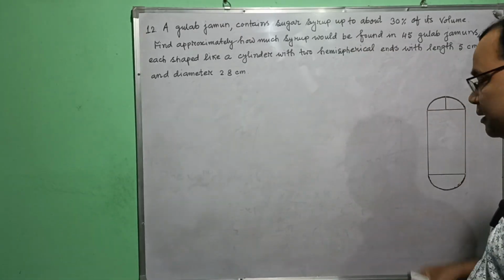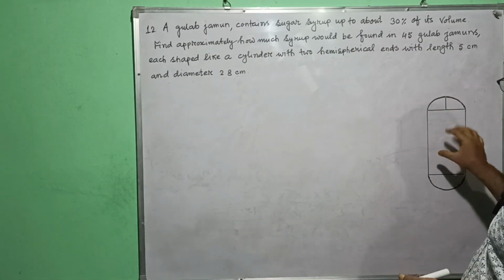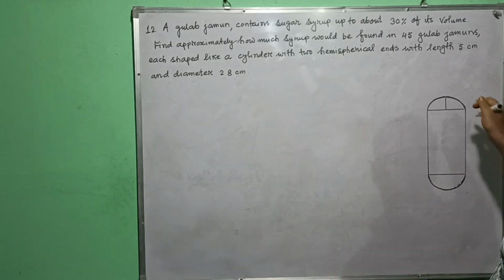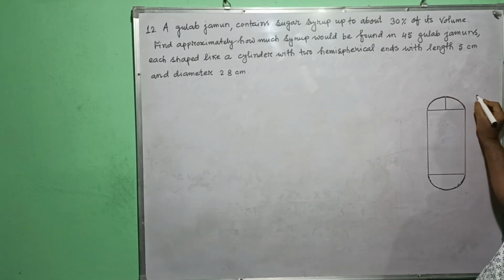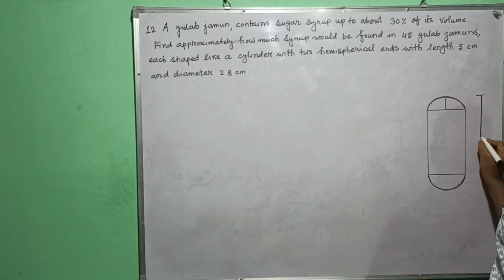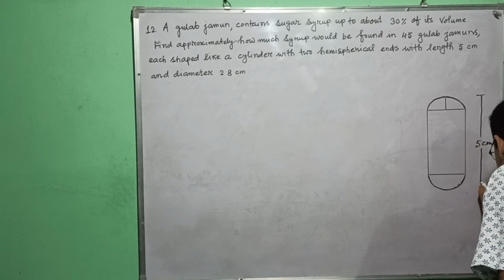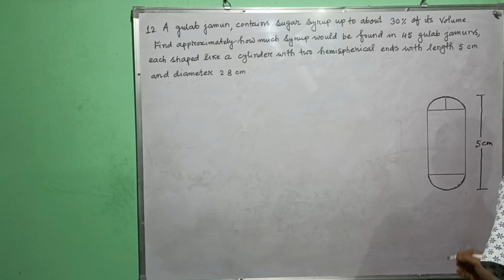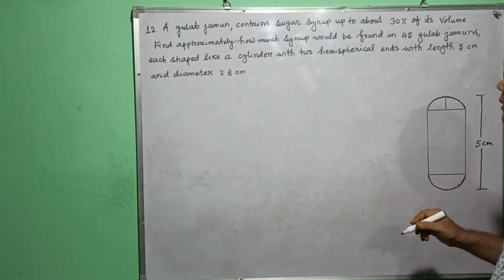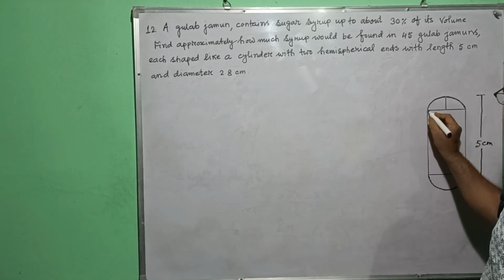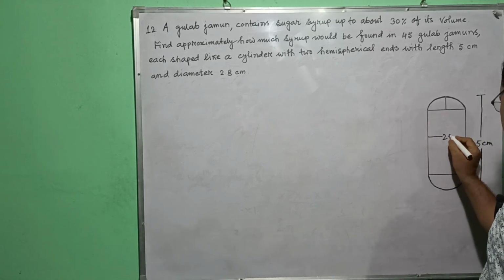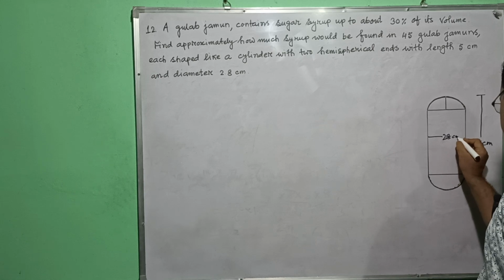So this is the figure of a gulab jamun as I have drawn it. As it is given the total length of the gulab jamun is 5 cm, it means from here up to this is 5 cm up to the end. So this is the total height of the gulab jamun. Also given the diameter is 2.8 cm, it means that one is 2.8 cm.